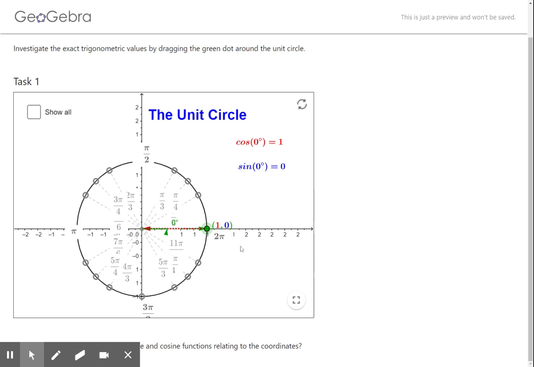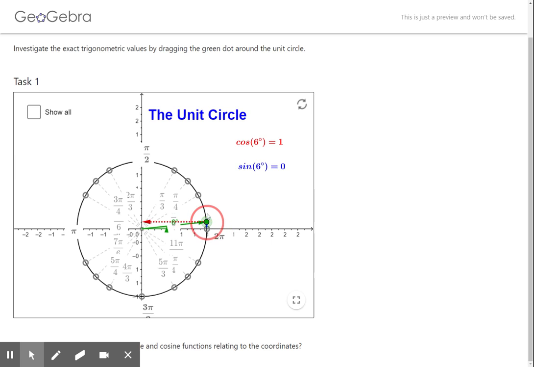So we know that for 0 degrees or 360 degrees, the sine is 0 and the cosine is 1. We already established that the coordinates of the point on the circumference give us the value for the sine, the y coordinate for the sine, and the x coordinate for the cosine.